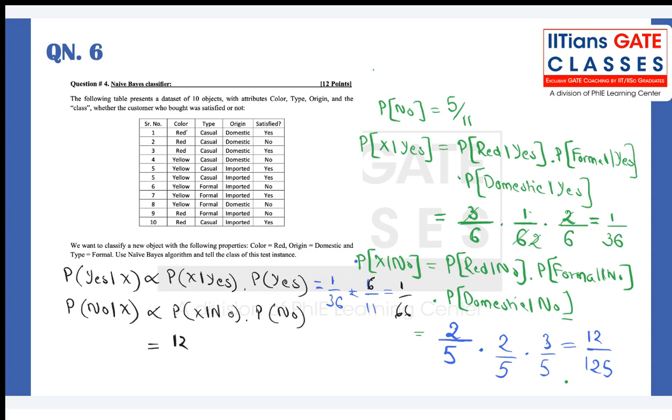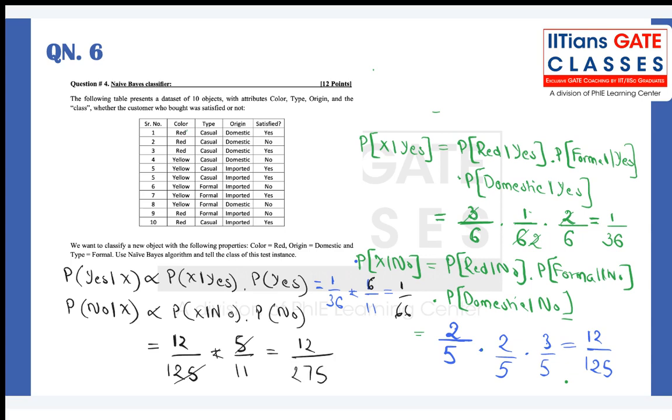12 by 125 into probability of no, which is 5 by 11. If you try to calculate this value, you will get 12 by 275.